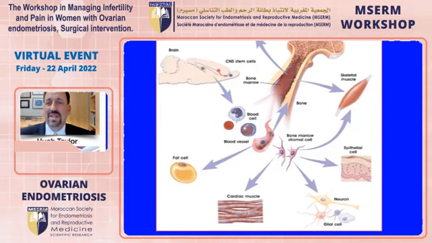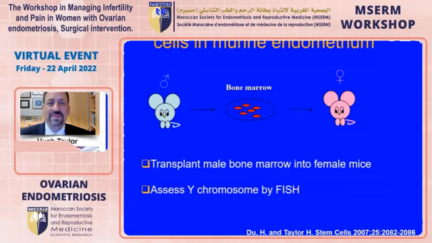And bone marrow has not only the hematopoietic stem cells that we're all familiar with, that are used for bone marrow transplant today, but it also has mesenchymal multipotent stem cells that can give rise to cells in solid organs. And we reasoned if bone marrow could give rise to all these different cell types, well, certainly we'd expect they might be able to contribute to a tissue like endometrium, a tissue that has such dramatic regeneration in every menstrual cycle.